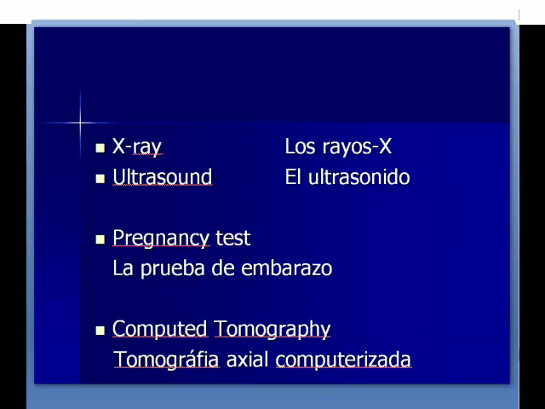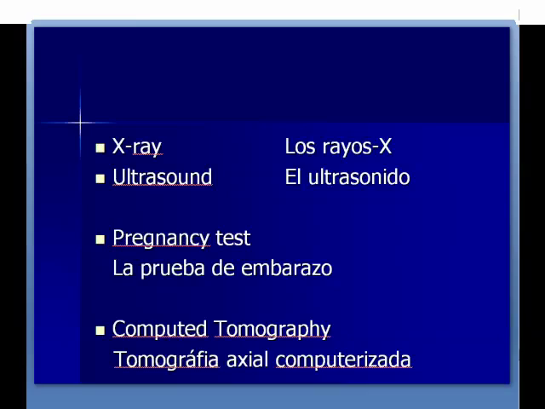Ultrasound. El ultrasonido. For a pregnancy test, la prueba de embarazo. For a CT scan or computed tomography, tomografía axial computerizada.